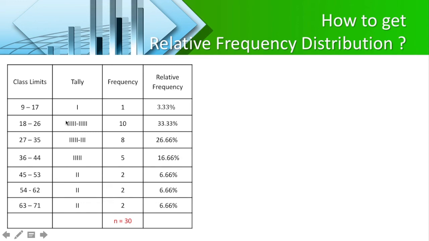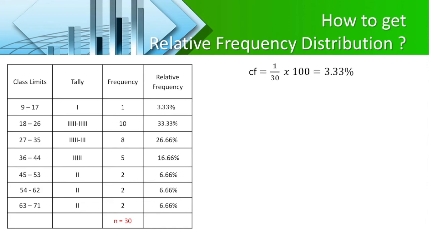Using the same table, this is our class limit, tally, the frequency, and relative frequency. So as you can see, this is relative, and we're talking about frequency, and the formula is very simple. Divide each frequency by the total, and I want you to express your answer in percent, so you need to multiply the answer by 100.